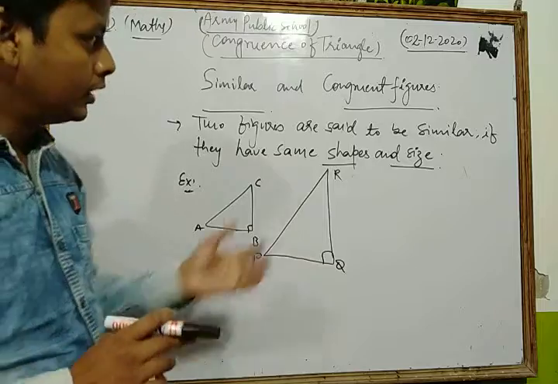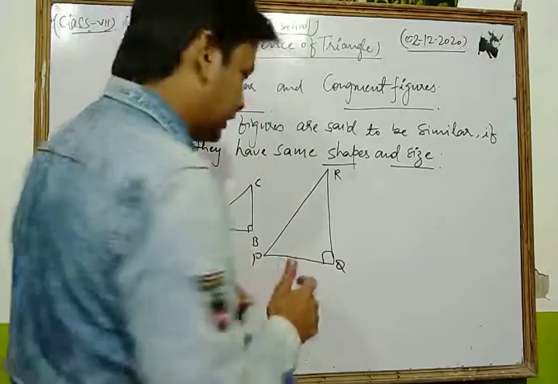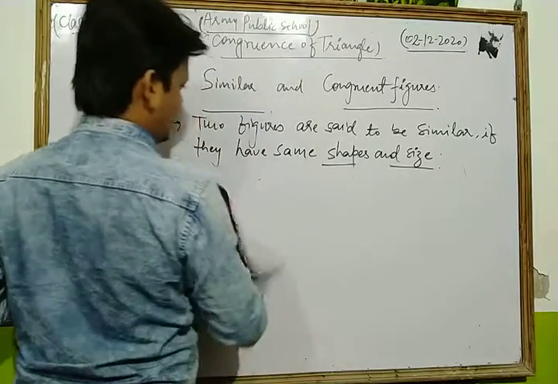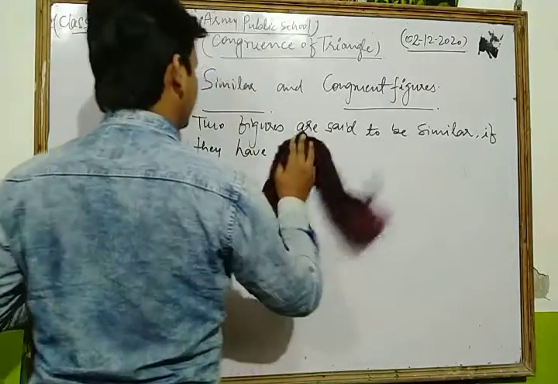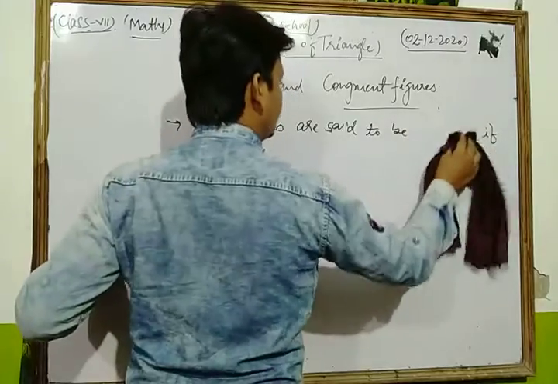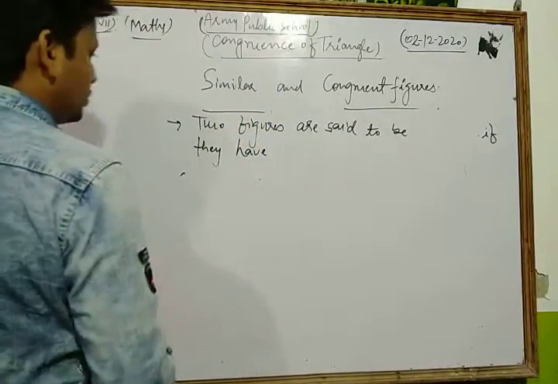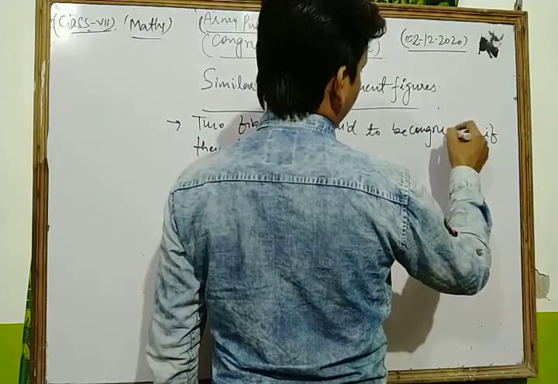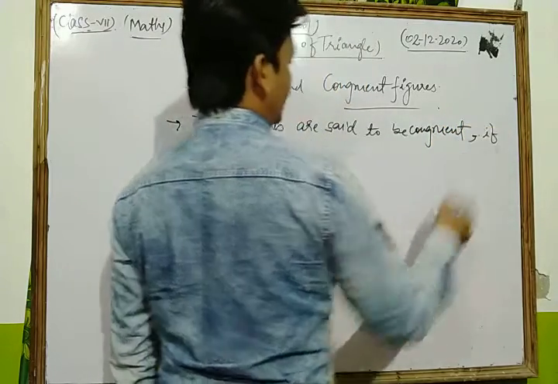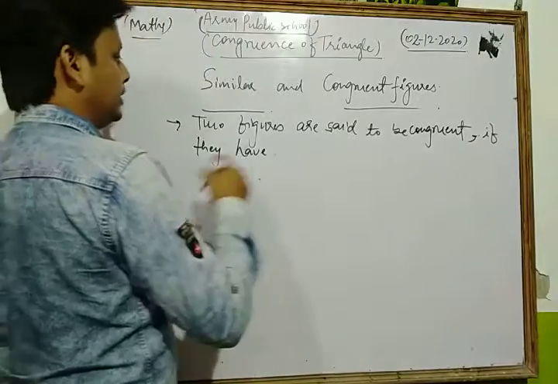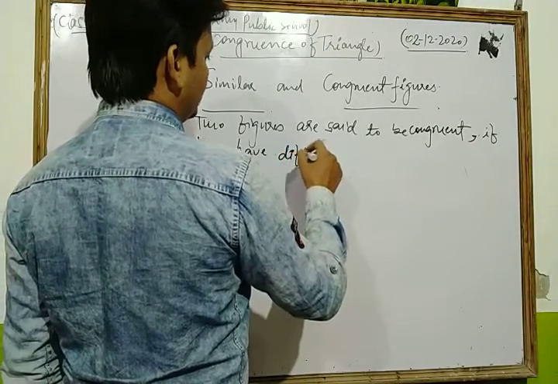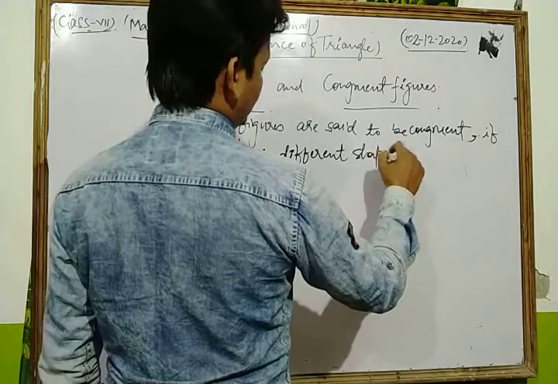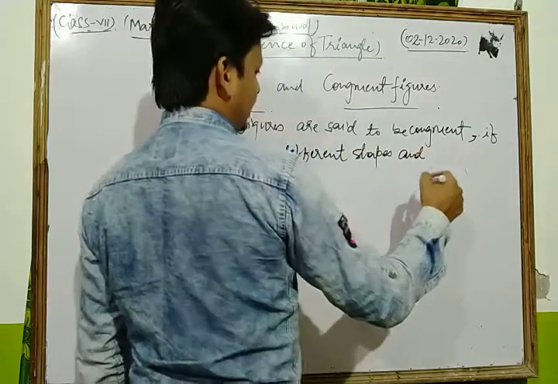Now we are going to discuss congruent figures. Let's see. Two figures are said to be congruent if they have different shapes and size.